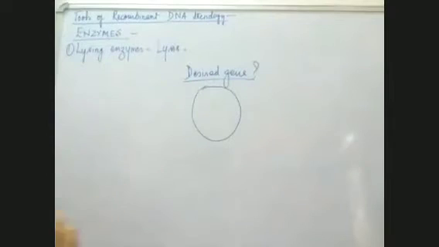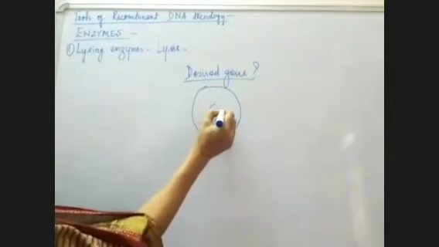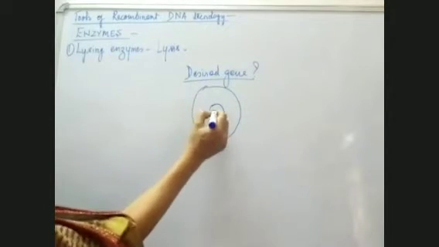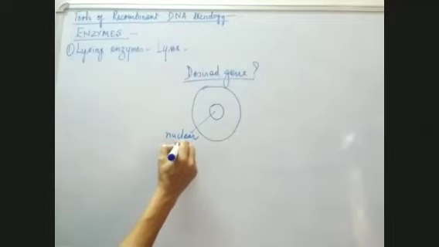Now, it's not that it is kept at the periphery of the cell or on the membrane or on the cell wall of the cell. We have to obtain it from a deep-seated organelle, which is the nucleus. So this desired gene has to be obtained from the nuclear material.